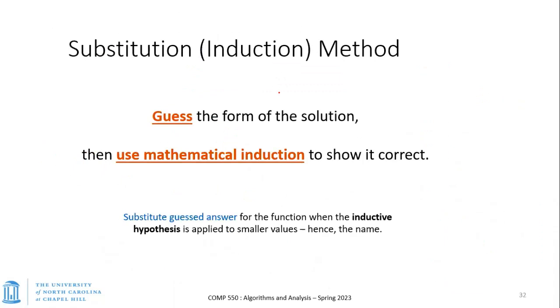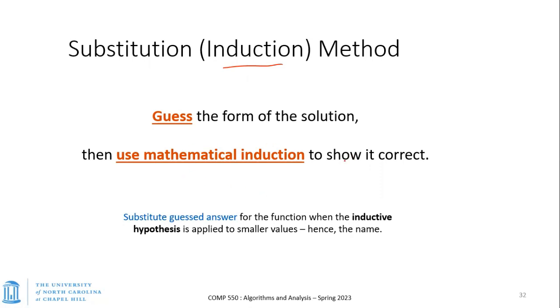The substitution method, I would prefer to call it the induction method, but it's generally referred to as the substitution method. The idea, as you might imagine, is that you guess a solution, as you always do whenever you use mathematical induction.